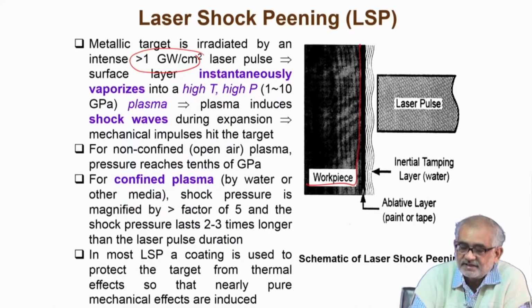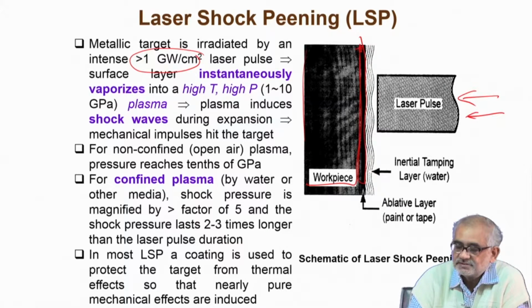So first of all, if this is the workpiece that we have, we cover it up with a particular tape or some other coating, and then we use a laser pulse to heat the surface.